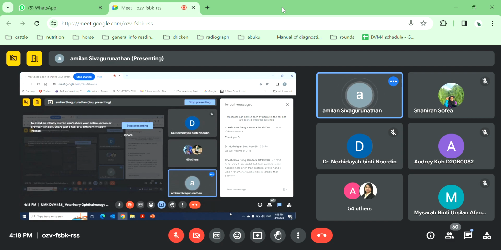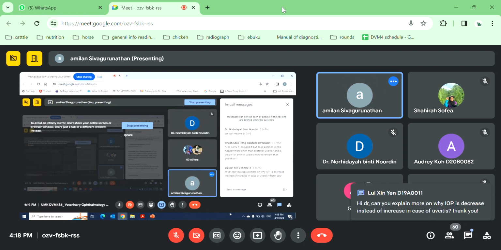That is true. However, you can have pan-uveitis. That means both anterior and posterior are inflamed. And it is true that the anterior uvea is easier to address because it's more visible. However, because they are harder to detect in the posterior segment, if you're not able to evaluate that, you won't be able to distinguish if it's anterior or posterior.